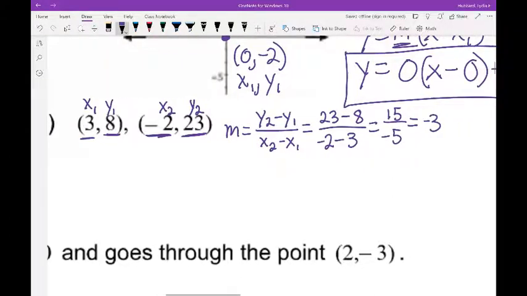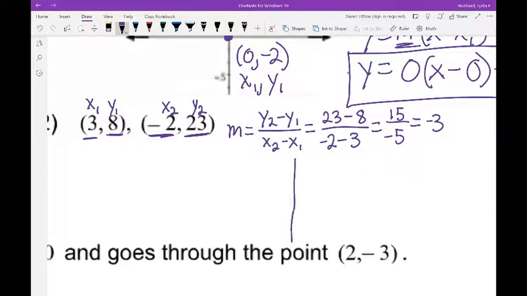Now, let's say if I wanted to do this graphically, okay, we can sketch a really rough graph. So one point that we have is 3, 8.